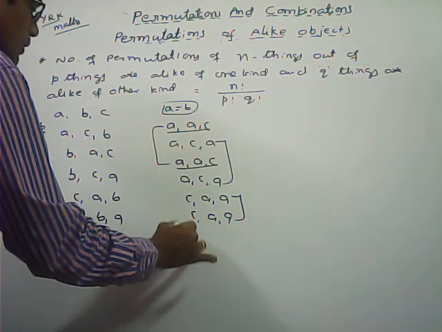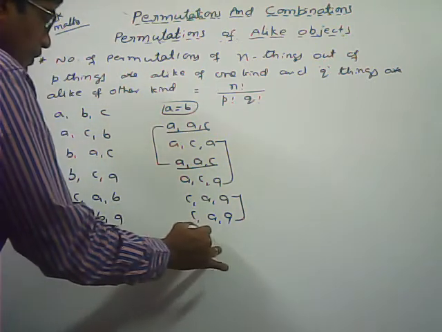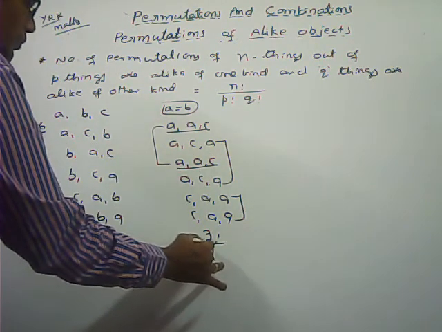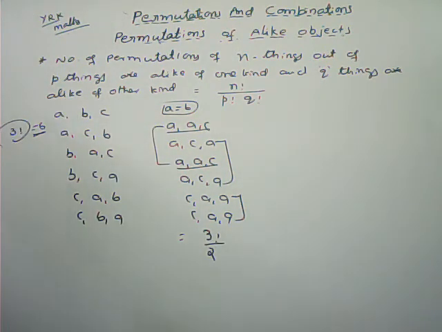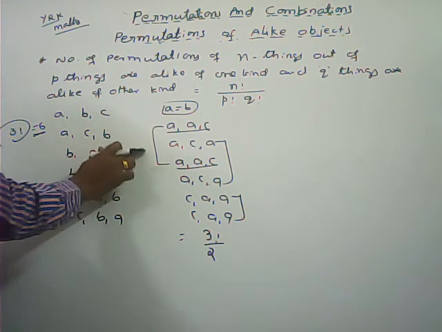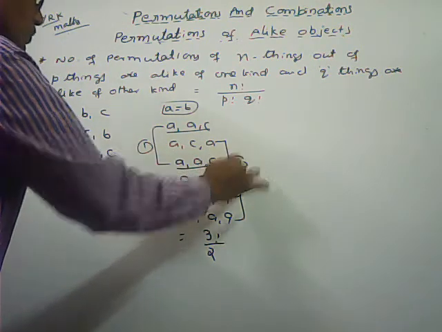So the total number of linear permutations here, how much did I get? 3 factorial; if 2 are alike, that should be divided by 2, that is 2 factorial. Now we get 3 only: this is 1, this is 1, this is 2, this is 3.